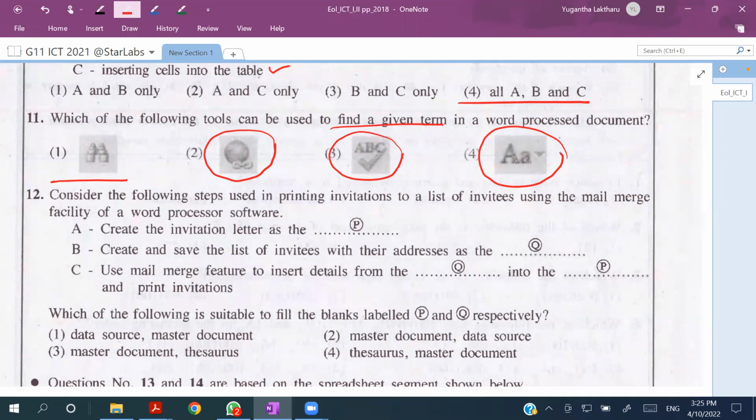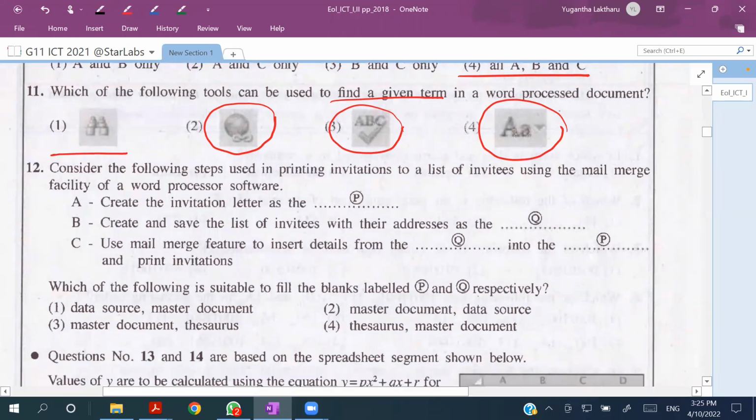Consider the following steps used in printing an invitation to a list of invitees using the mail merge facility of a word processor software. Create the invitation letter as, so we have to go with the things that they tell here. They have only two letters, P in both these places, Q in both these places.